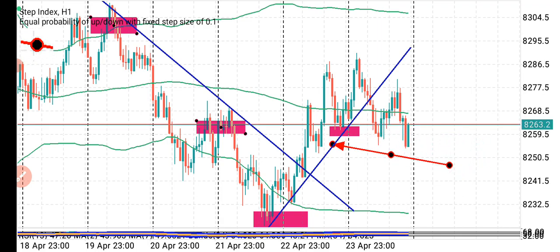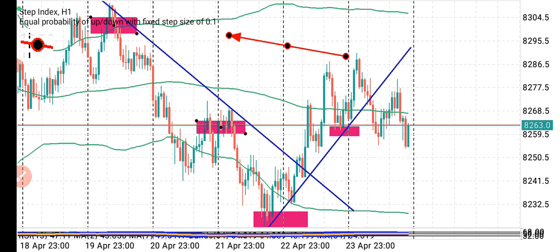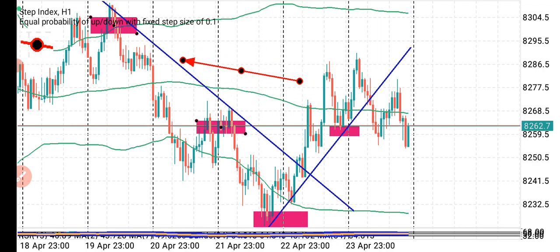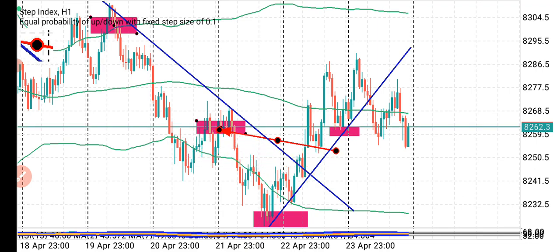The number two is reversal. When trading a trend line, the second scenario is reversal. A reversal is when price continues to respect the trend line as support and resistance, bouncing from one level.